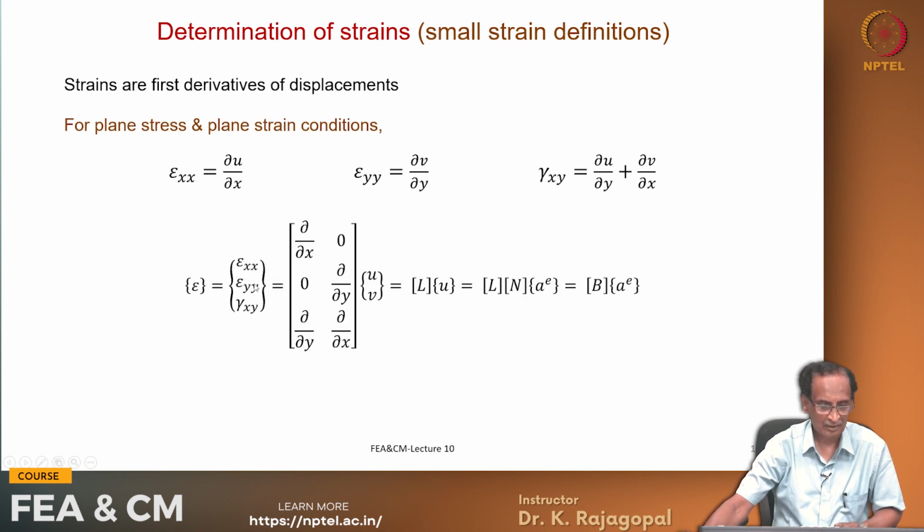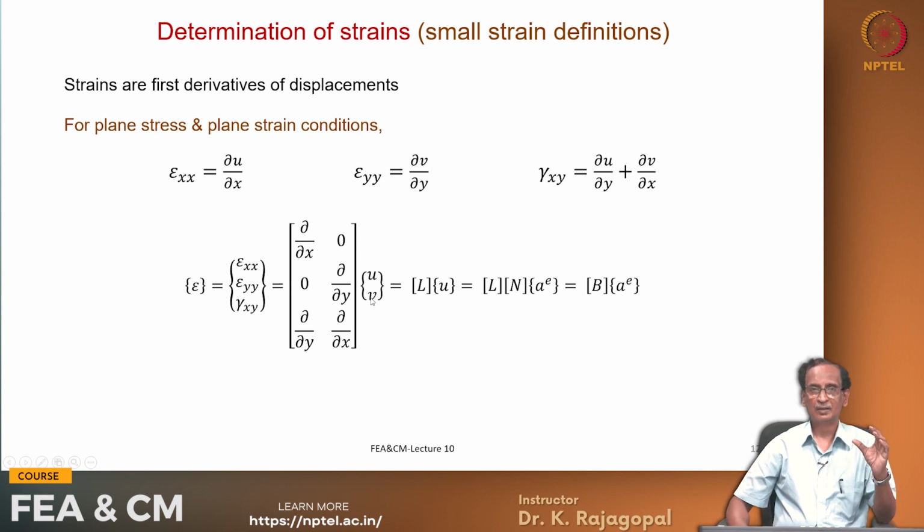Okay. So, our strain vector is epsilon xx, epsilon yy, gamma xy, and actually we can write this as a product of an operator matrix like this: dou by dou x, 0, 0, dou by dou y, dou by dou y, and dou by dou x, multiplied by the displacement vector u and v, where u and v are the displacements at the interior points.